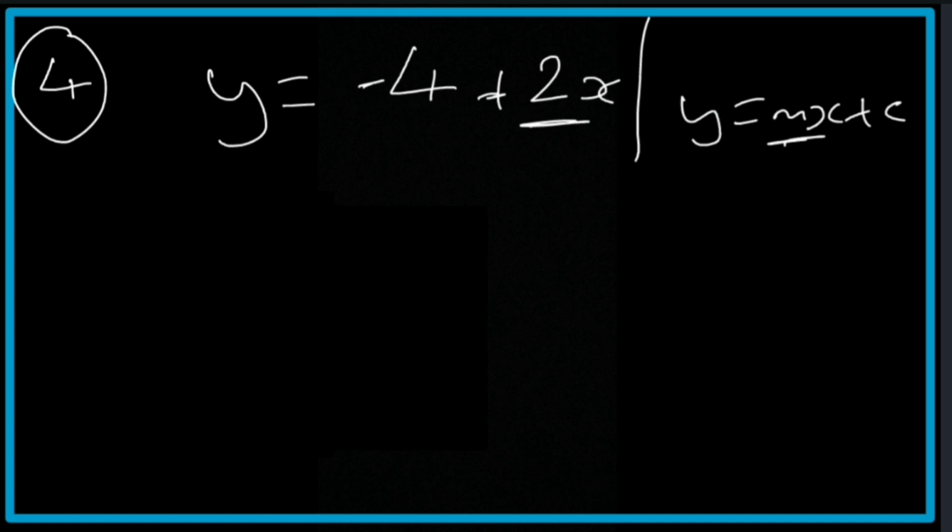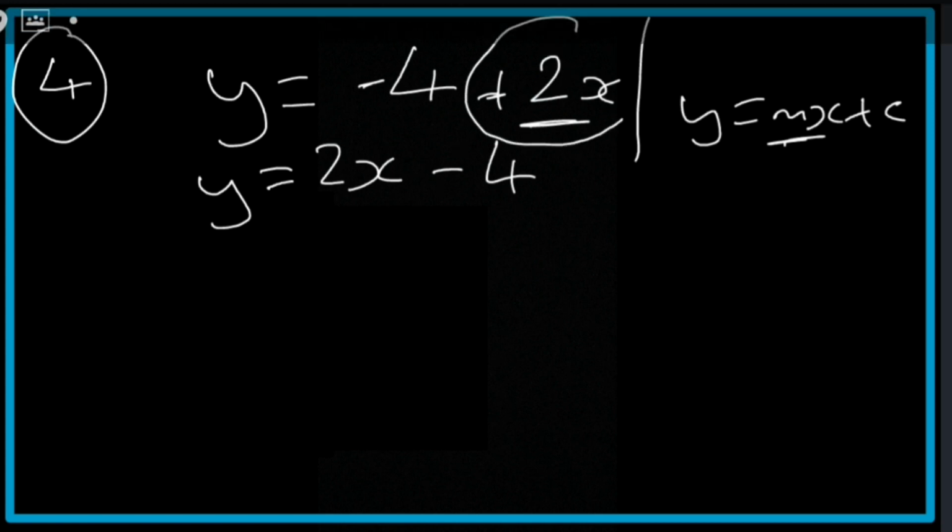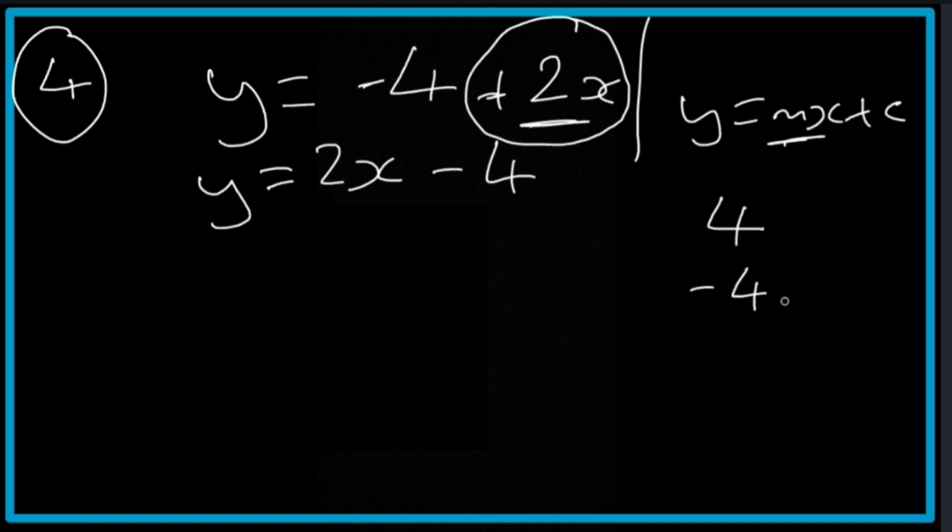Or you can rearrange this. y equals 2x minus 4. Now why is it 2x as a positive? Well, this sign before the number goes with it. And this one here is negative 4. Now if this was positive 4, it would just be 4, because whenever we've got a number 4, we assume that's positive, unless it's negative, then we write negative 4. So because it's specified negative 4, that means that this is a negative 4 there.